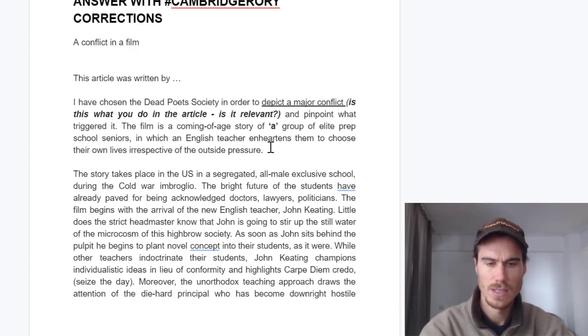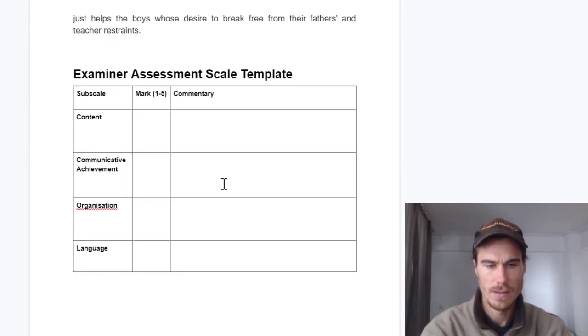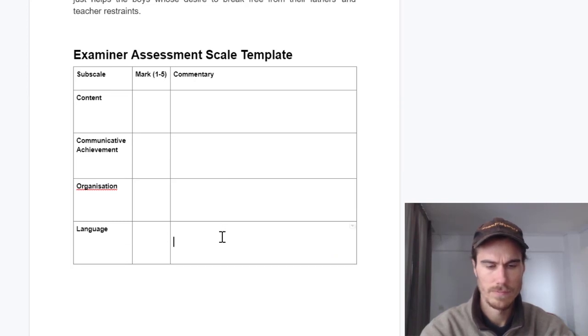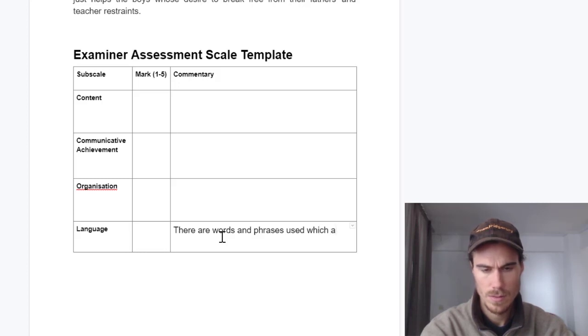It's a nice word, and it's not such a common word. So I'll add that to my assessment here under language: less common vocabulary.